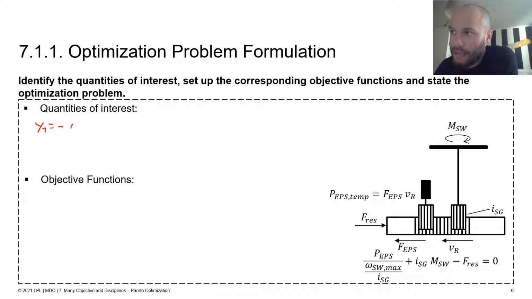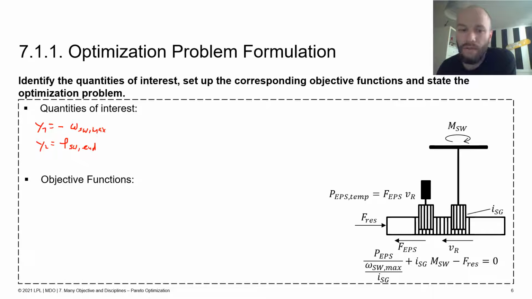So we take this velocity as omega, steering wheel max, and the second quantity of interest is the minimum steering wheel angle at the end stop. So this is y2. Here we don't need a minus sign, so we just take the angle of the steering wheel at the end stop.